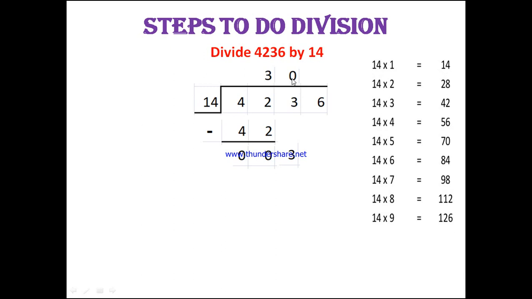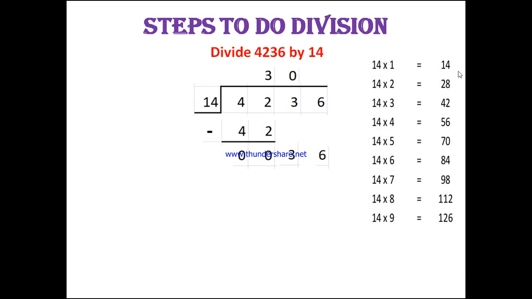That time we place 0 in the quotient place. As soon as you place 0, bring down the next digit from the dividend. What is the next digit? 6. Bring it down. Whenever we bring down a digit, that is called a fresh number. Now 0036, that is 36, is the fresh number.